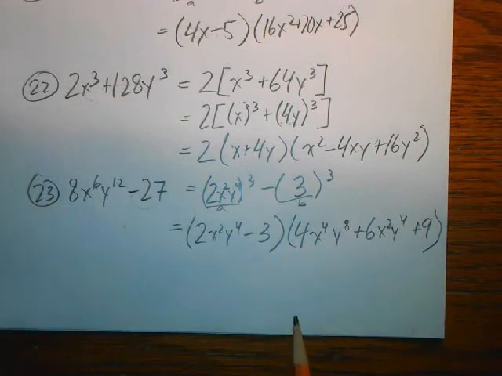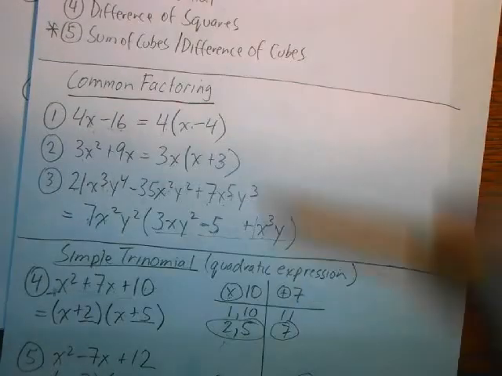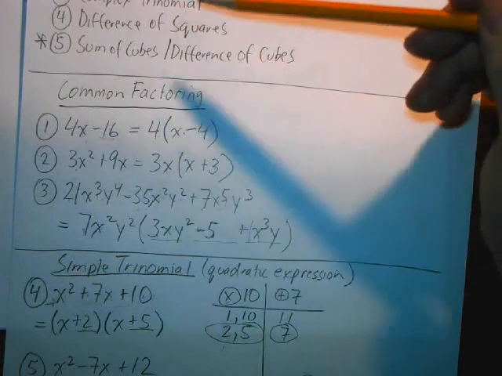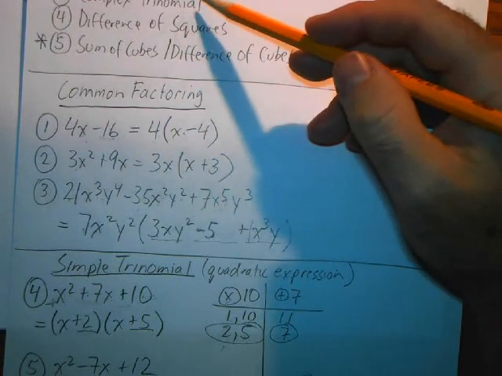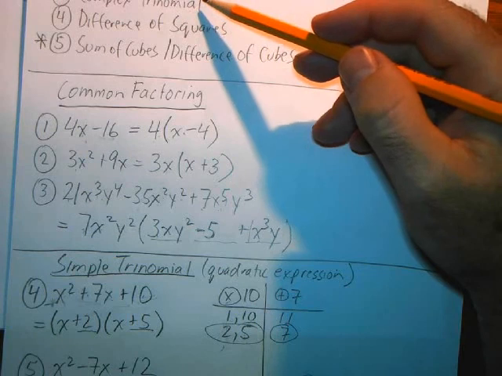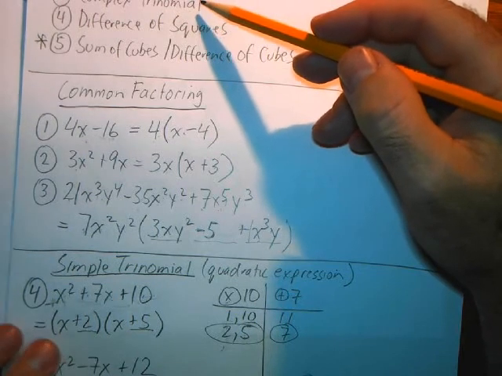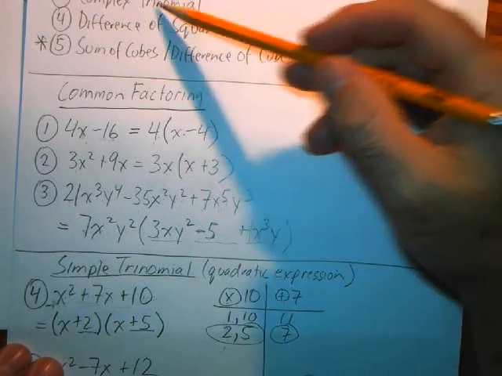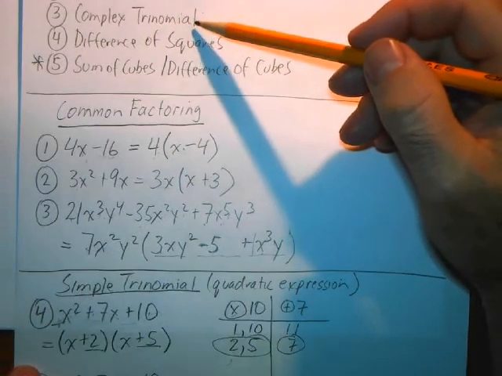Hopefully, if you didn't know how to do the intelligent guess and check method, or whatever it's called in your books, I helped you out to be able to do that fairly quickly and understand what to do. And we also learned 2 other new methods, sum of cubes and difference of cubes.